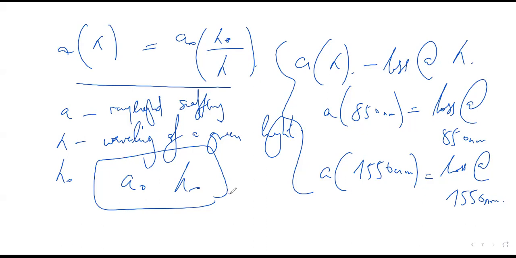I can see this in my notes, the definition only. I don't know, I forgot. Find out what that is and make my calculations. A0, lambda 0. What does that mean?